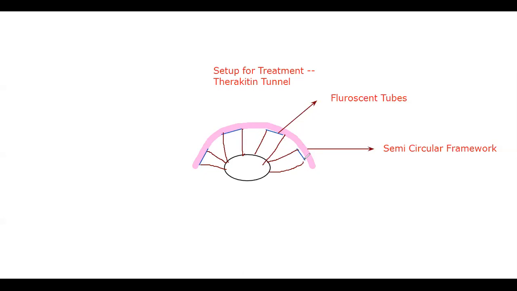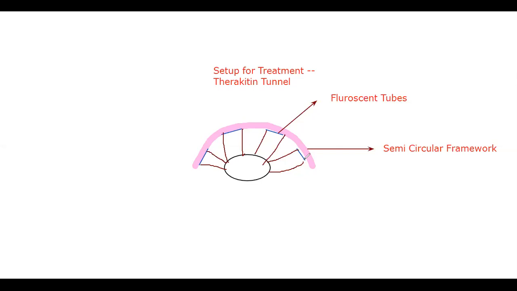Thera-Kittin tunnel is a semicircular framework in which fluorescent tubes are mounted in its own reflector in such a way that even irradiation of a patient is achieved. This is generally used for treatments like psoriasis. Okay, so this is the main purpose of our setups for UVR.